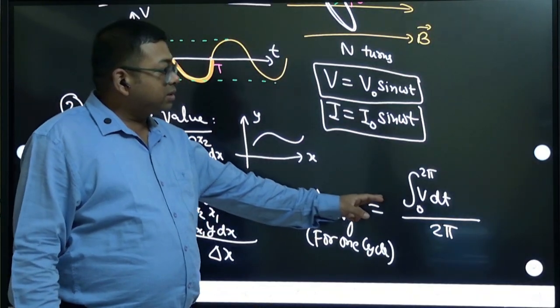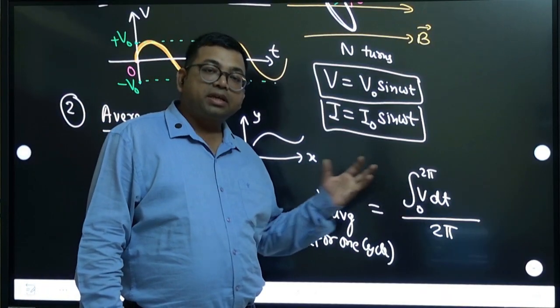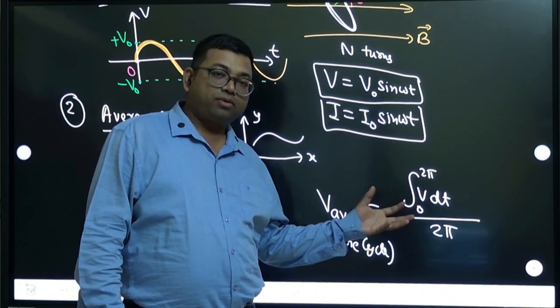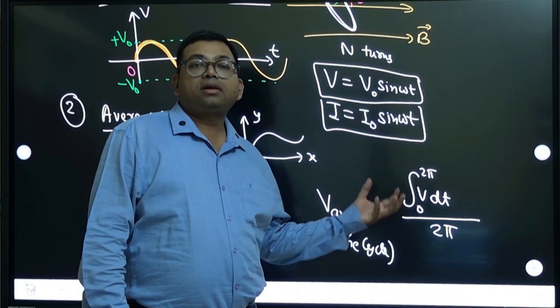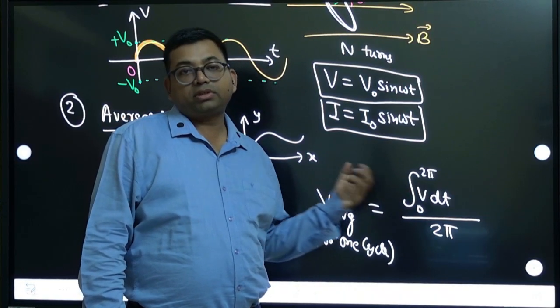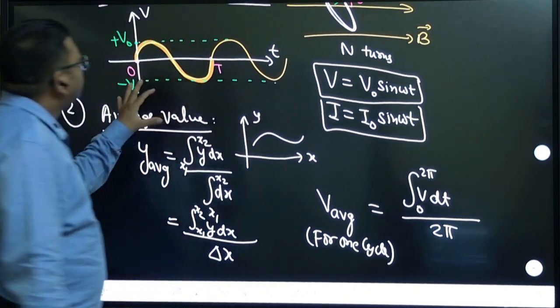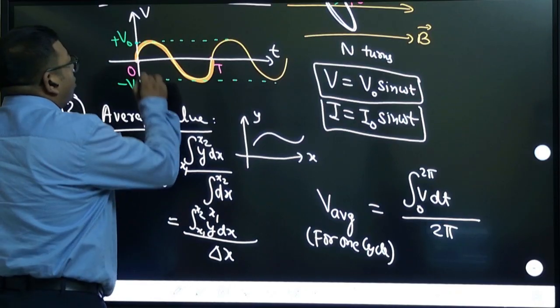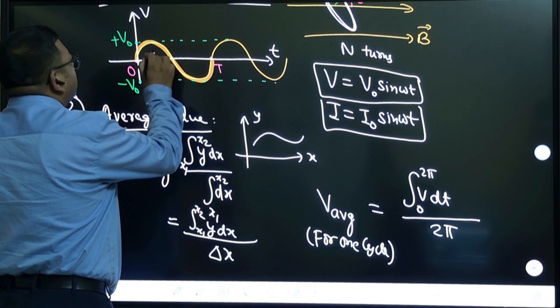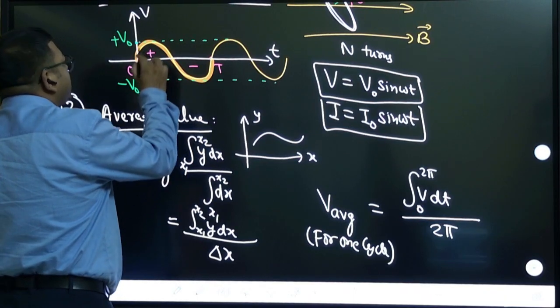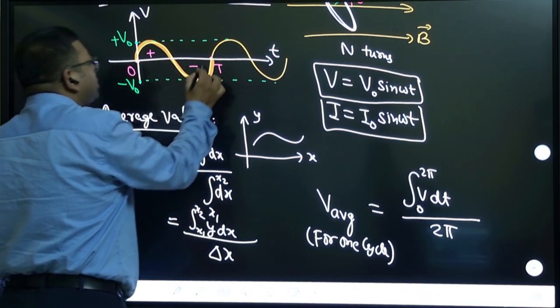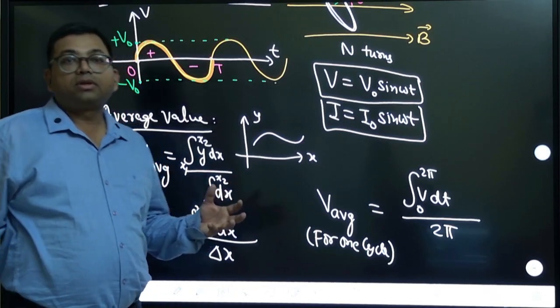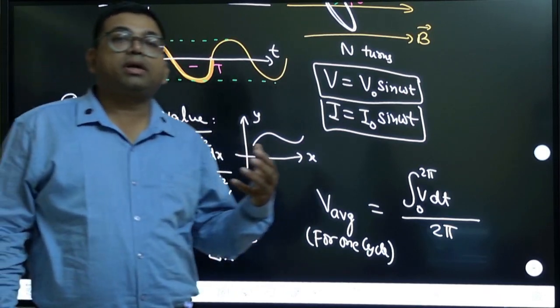Now note that this integration of V dt gives the area under the voltage-time graph. If you see this voltage-time graph, for one cycle, here it is positive, here it is negative. So this area is going to be positive, and this area will give us negative, right? You will be getting equal amounts of positive and negative area.